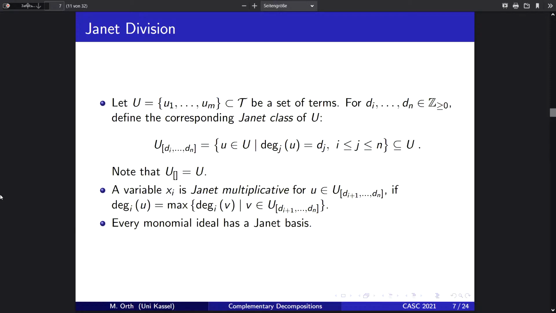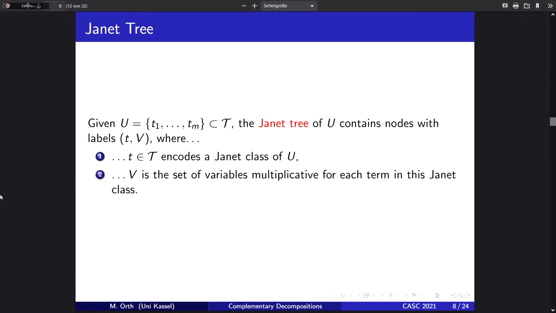Good news is every monomial ideal has a Janet basis, which is not true for the Pommaret division, but for the Janet division we can always obtain a Janet basis, an involutive basis. Now we associate also a certain data structure to a Janet basis or general set of terms, the Janet tree.